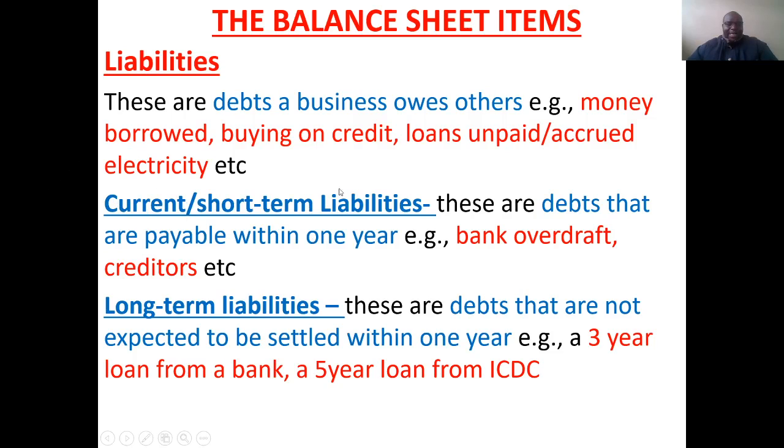Short-term or current liabilities are the debts that are payable within 1 year. For example, bank overdraft, creditors, etc. And long-term liabilities are debts that are not expected to be settled within 1 year. For example, 3-year loan from a bank, 5-year loan from ICDC, etc.